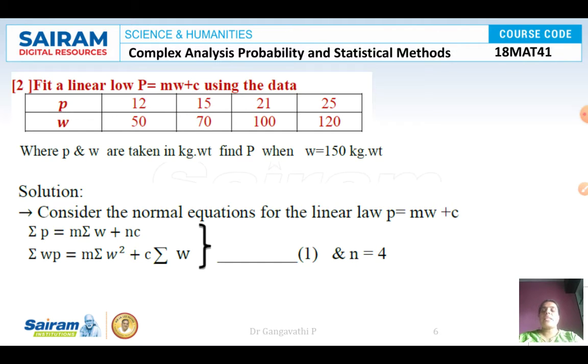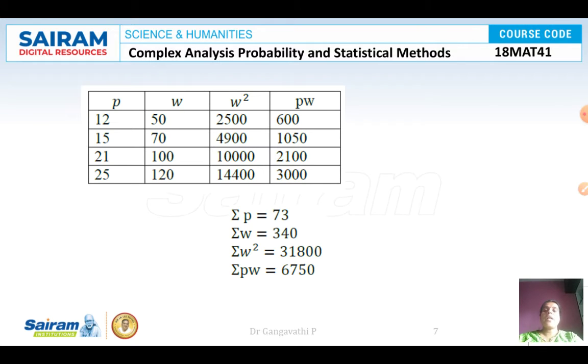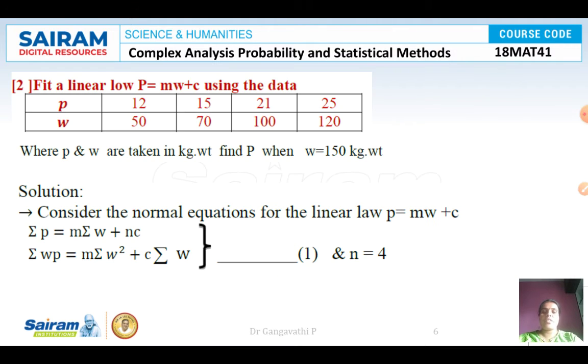Now let us construct the table which has the sum of all the values of P, the sum of all the values of W, the sum of all the values of W into P, and the sum of all the values of W square. So construct the table which has P, W, W square and PW. All the values of P given are 12, 15, 21 and 25. W values are 50, 70, 100 and 120.